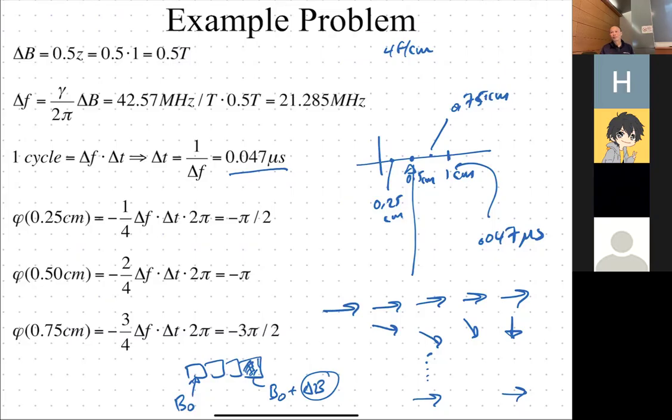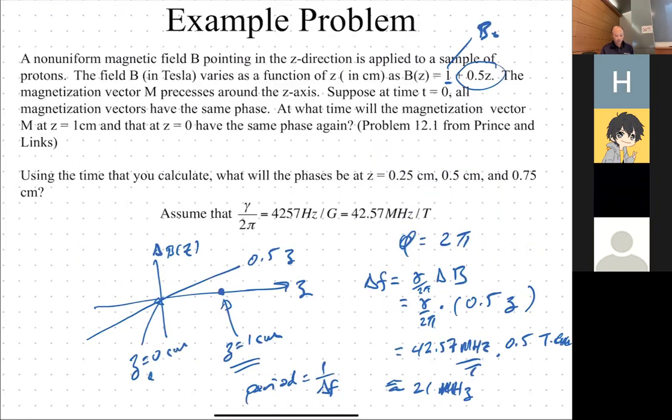Question. The goal of this question was to calculate the change in that Larmor frequency. By calculating that and taking its inverse, we get the period at which it will be back at the same cycle at 1 centimeter, at the same sort of orientation.